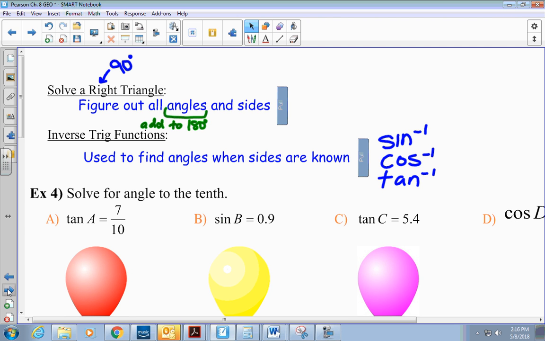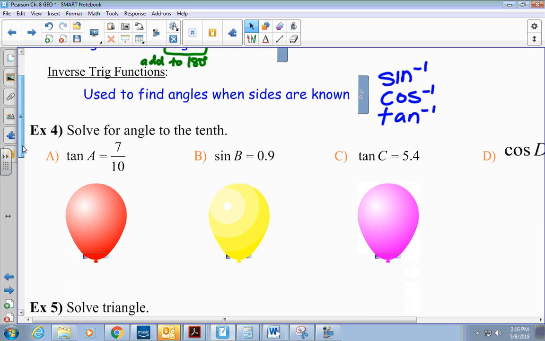And we will usually have to push that second button and the sine button to get inverse sine. The second button and the cosine to get inverse cosine. I think most of your calculators will have you have a second button and roll out like this. If you have a calculator that doesn't, it's not clear, we're going to rock through these problems and I'll help you find that on your calculator.